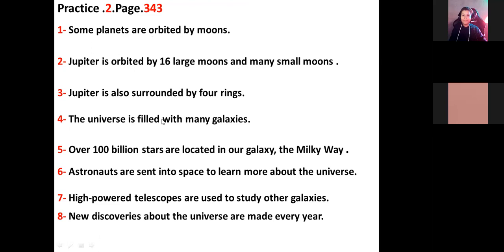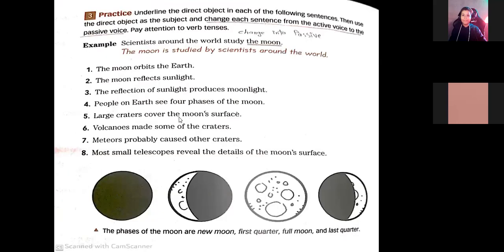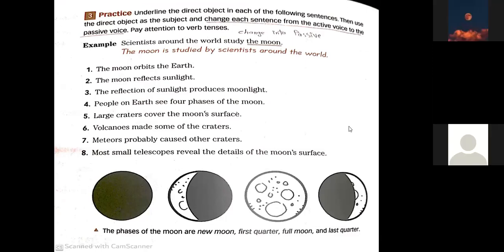Now we can move together to practice 3, grade 8. I'd like someone who didn't answer before, so we can ask Anas Ibrahim. Practice 3: underline the direct object in each of the following sentences.